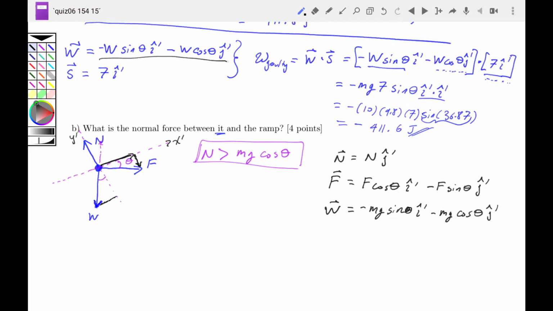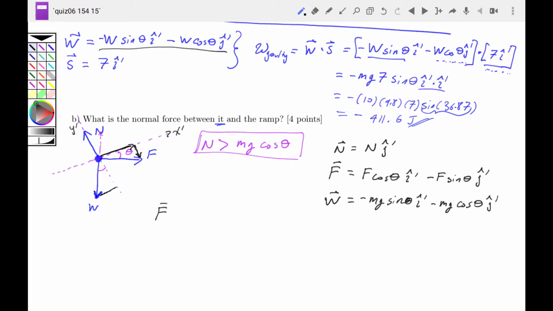I know that when I add all the forces together, I get the total force. That's going to be equal to ma, and that will be ma in the x prime direction, i prime hat, plus ma in the y prime direction, j prime hat. And I need this component to be 0 because the block cannot accelerate in that direction perpendicular to the incline.